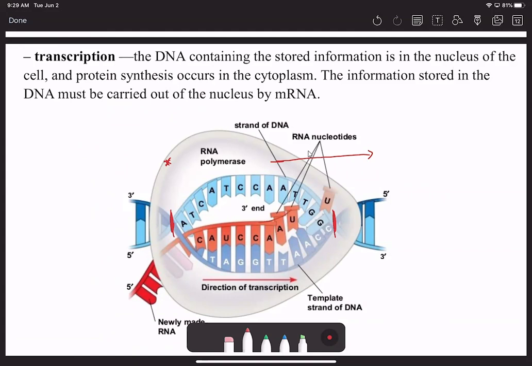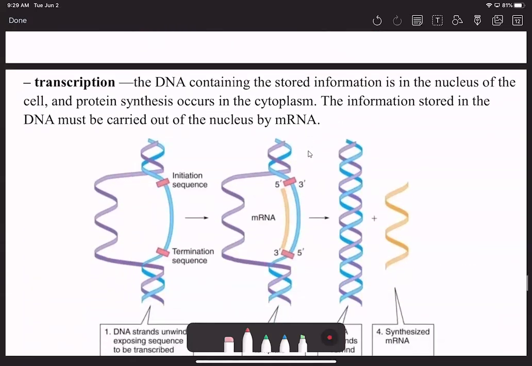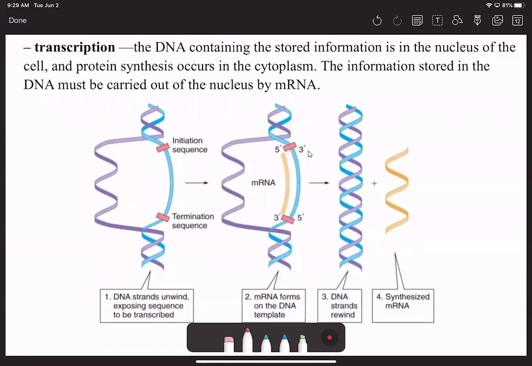We're going to make our complementary RNA strand, and as it's moving forward, it's going to close it back up just as it's leaving. So it opens, we create some RNA, and then it closes back up again. This is what we consider transcription. Here, it opens back up, and it's going to close back up over here.